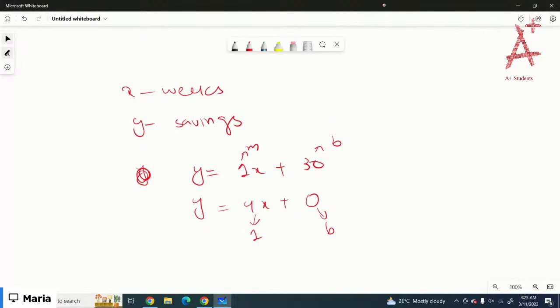Let's plot the equations and find the solution. For the first one, m equals 1 and b equals 30. That means the graph touches the y-axis at 30. For the second, m equals 4 and b equals 0. That means the line passes through the origin. Just look at the solutions.